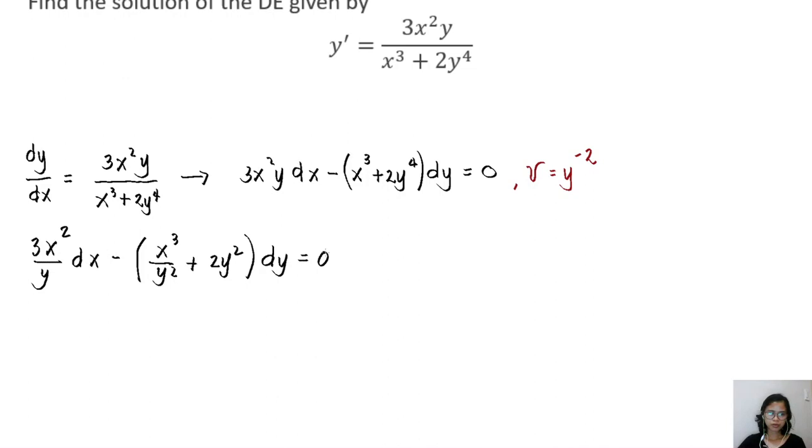equals 0. Now this will be our new m, this one, and this will be our new n, that one. And what we'll be doing right now is to test for its exactness.